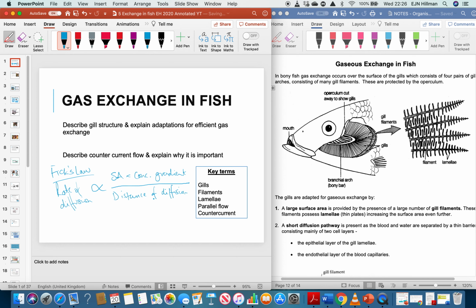Distance of diffusion is sometimes referred to as diffusion pathway. I prefer distance because that's actually a measurable value.